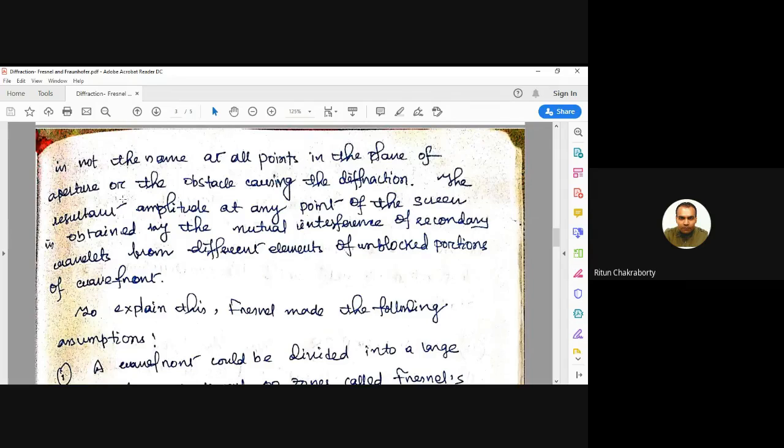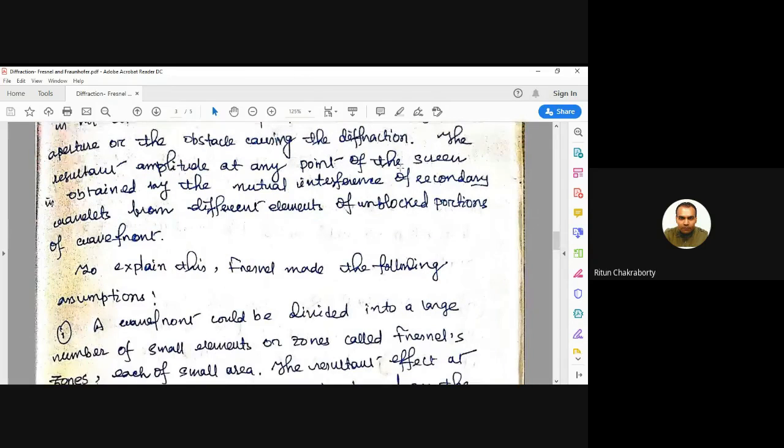The resultant amplitude at any point of the screen is obtained by mutual interference of secondary wavelets from different elements of the unblocked wavefront.